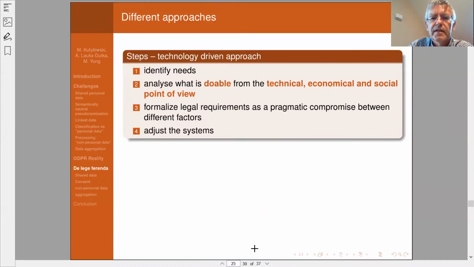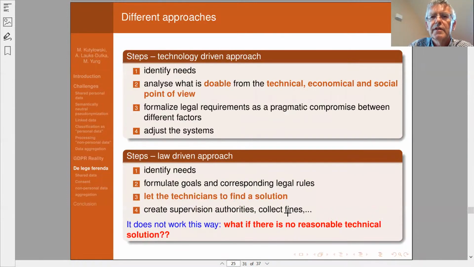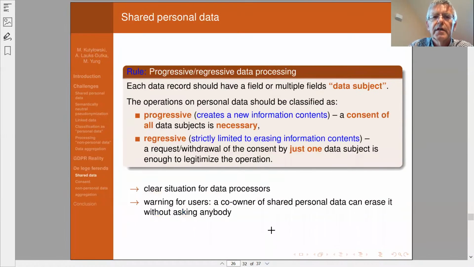What is done in reality is something different: identify the needs, formulate the goals and corresponding legal rules as an idea, and then let the technician solve the problem of how to implement these rules. Then create supervision authorities to punish those who fail to create the solutions. It is not the way it could work.